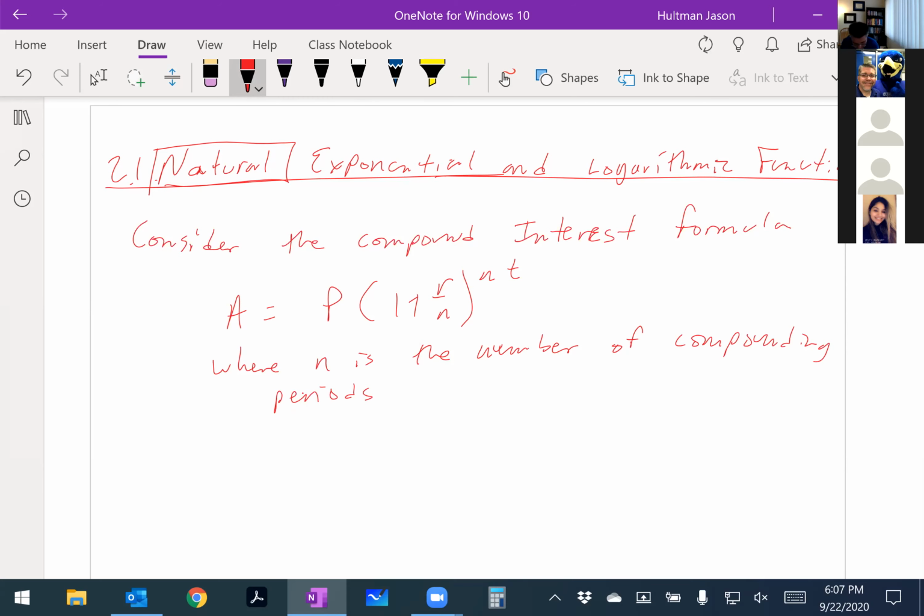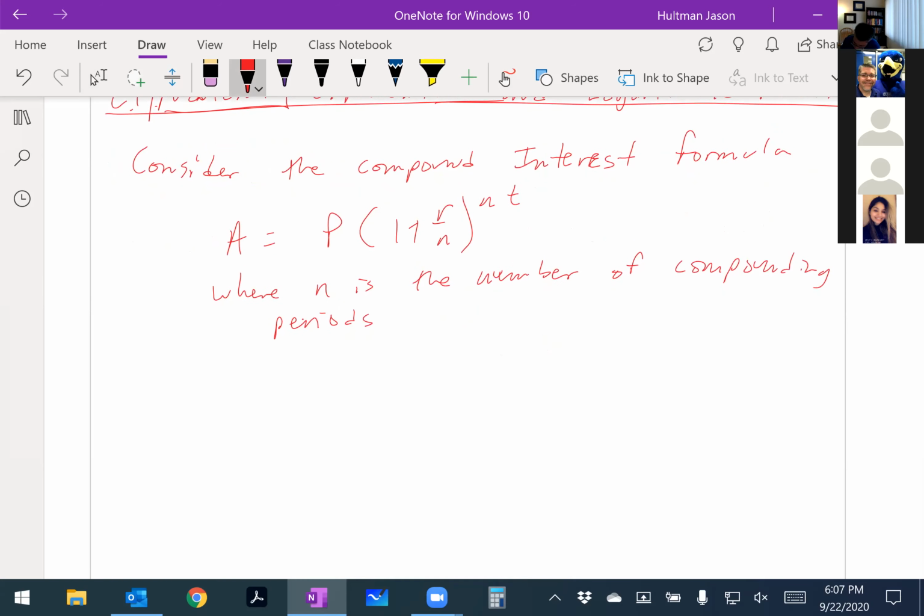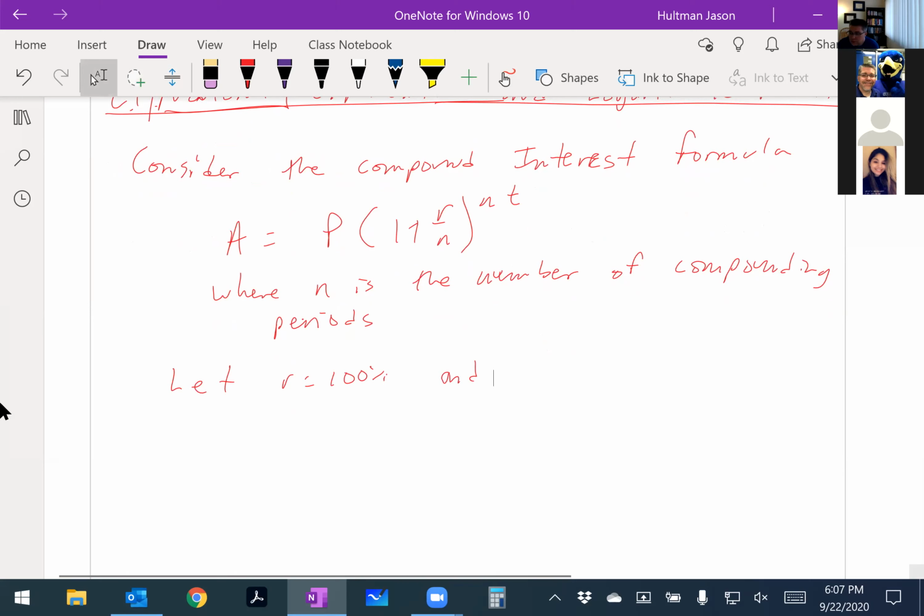Okay, so let's look at a special case of this. Let r equal 100%, and my principal P equals $1, and t is equal to 1 year.